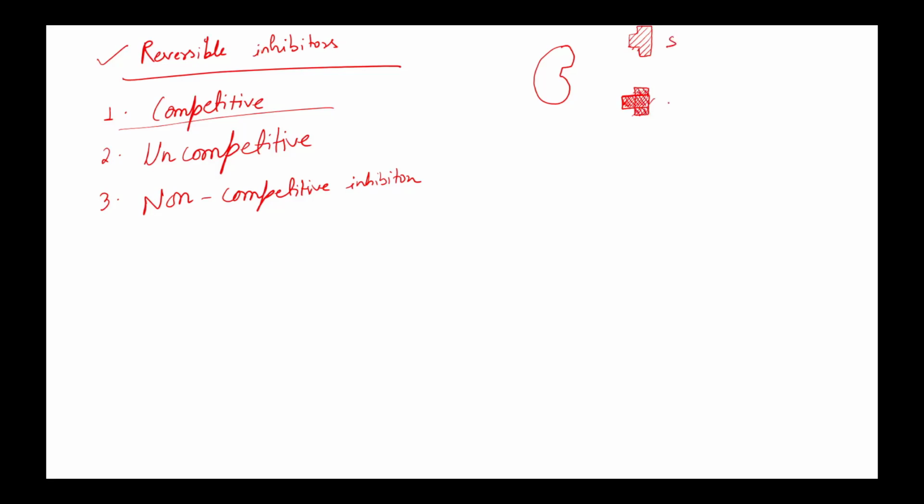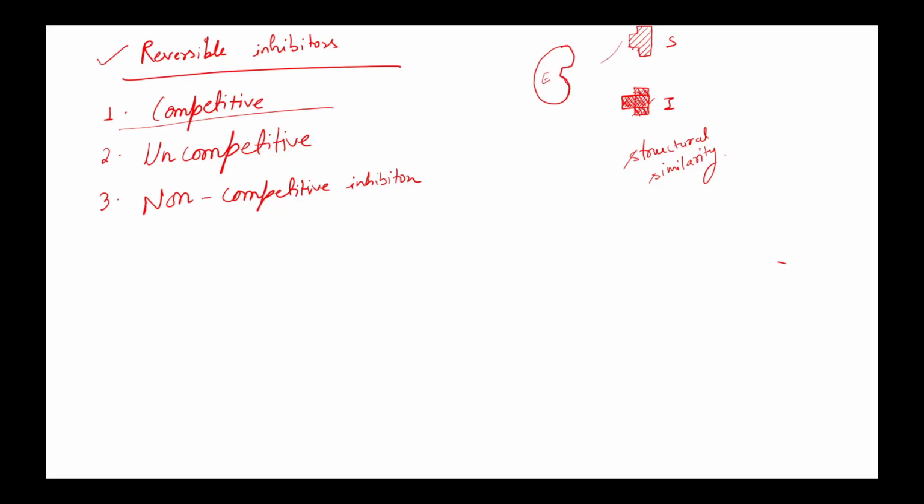Okay, this is my substrate, this is my inhibitor. And that is the key point in competitive inhibition: structural similarity between inhibitor and substrate. So they both can bind to the active site of the enzyme.